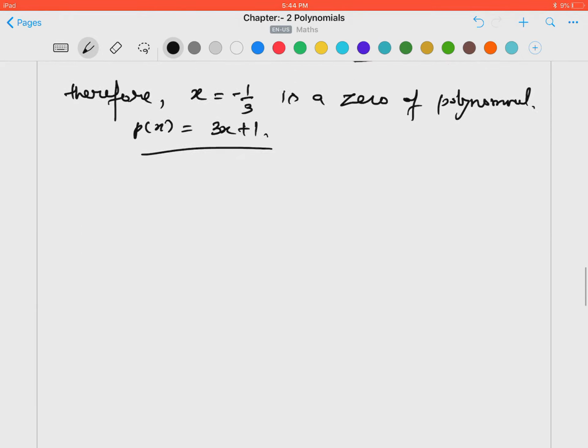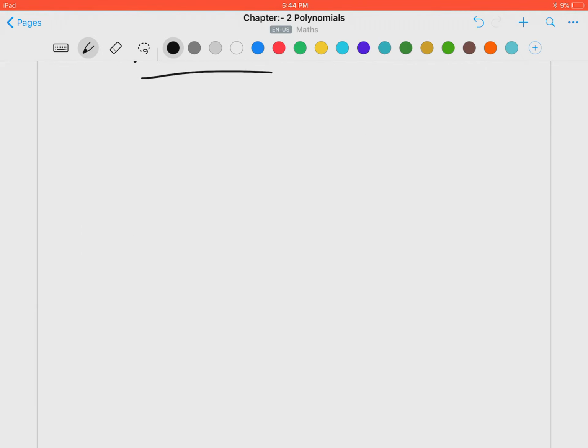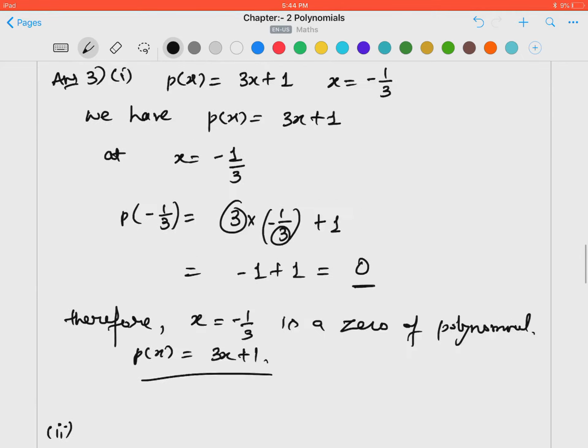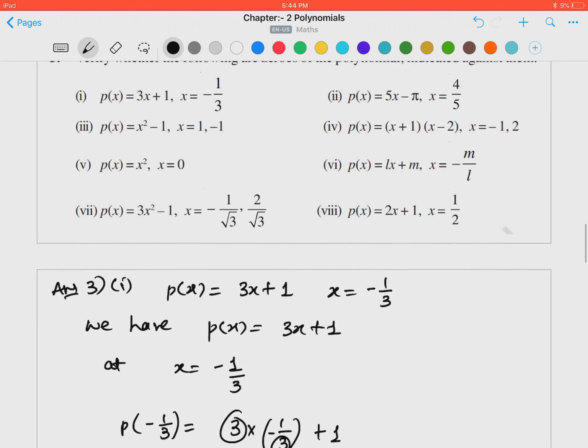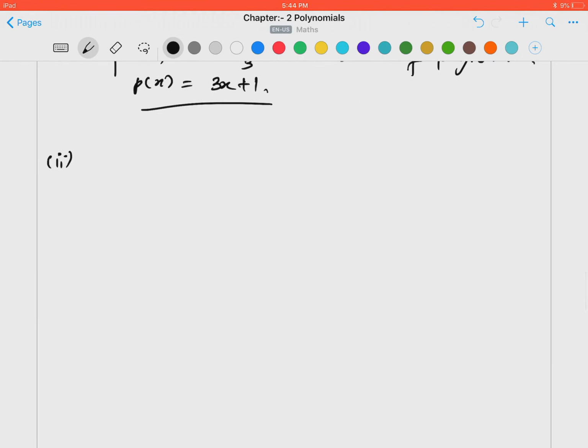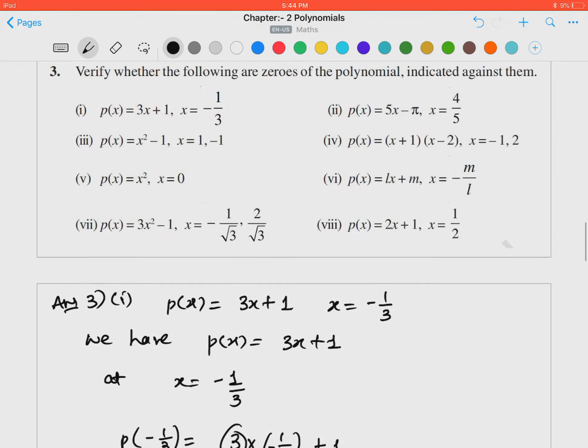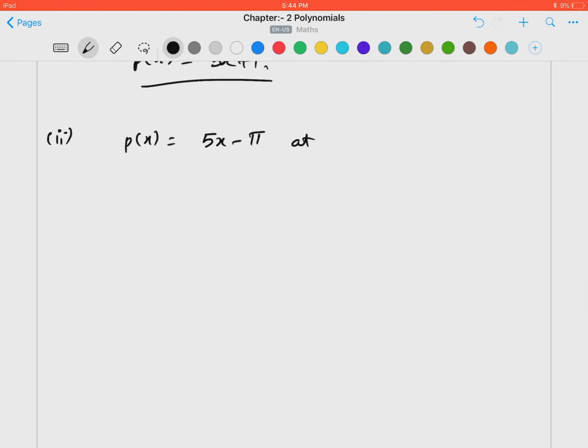Let's see the second part. The second one is px is equals to 5x minus pi at x equals to 4 by 5.